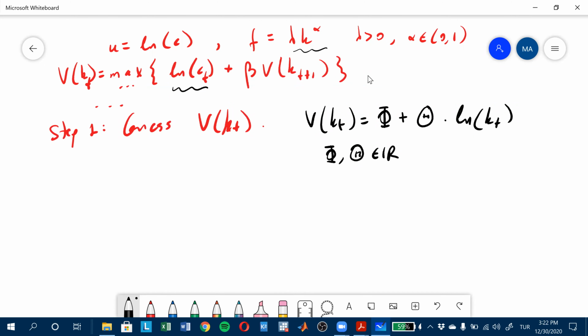Because again, I have this production function. So I don't know for sure, but I have some sort of a way to guess.